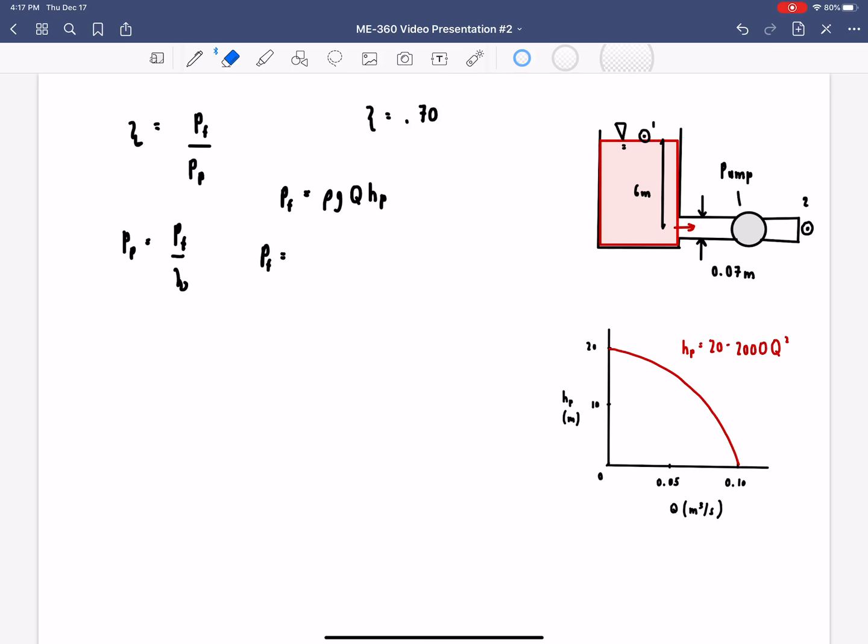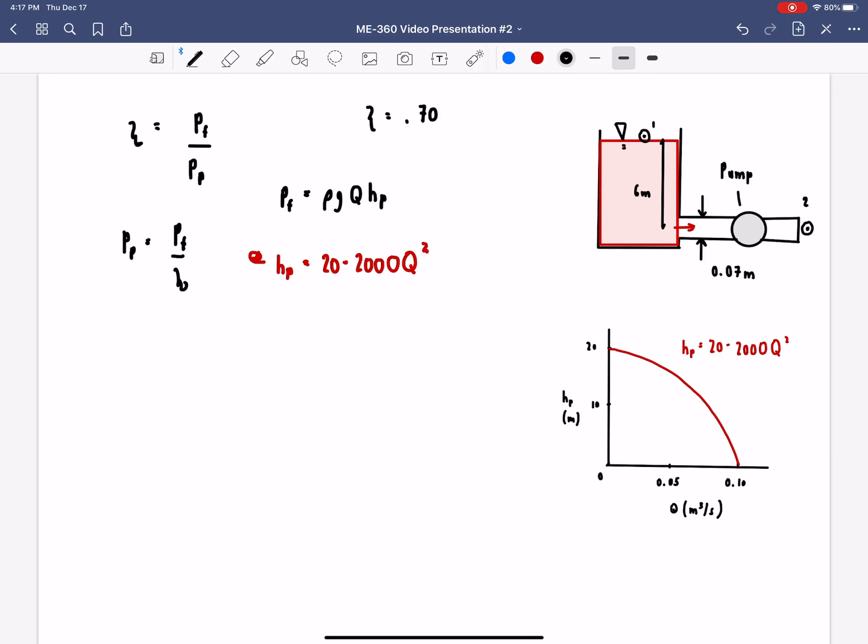So we can solve for power supplied from the fluid in order to determine power supplied by the pump. But before we do so, note that head gain is equal to 20 minus 2,000 Q squared. And we now have a volumetric flow rate, so we can solve for this and plug it in.